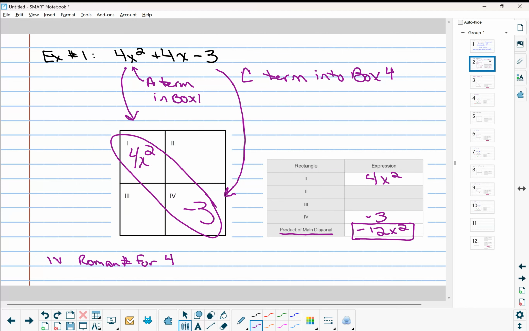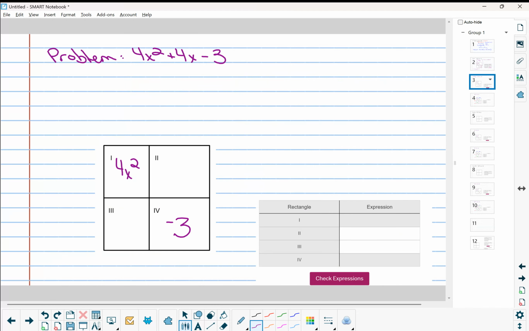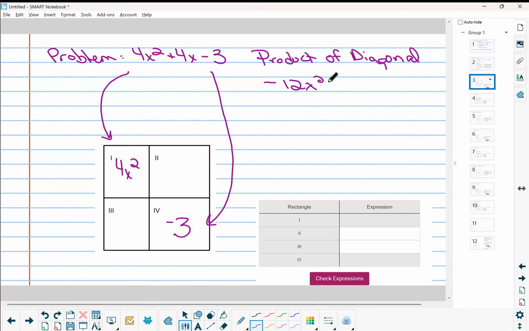I've got some things already filled in there, and we're going to talk about how we're going to utilize that. So here's what we know. We put the ax squared term in that box, we put the c term in that box, and the product of the diagonal was negative 12x squared. Here's what we need to do now.